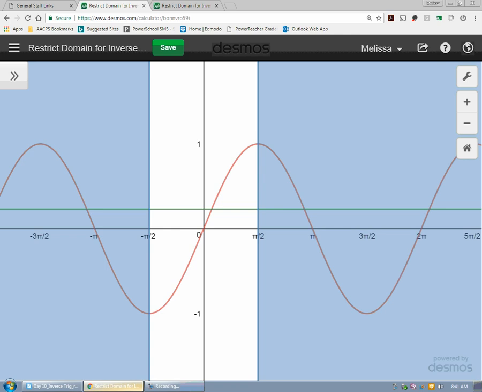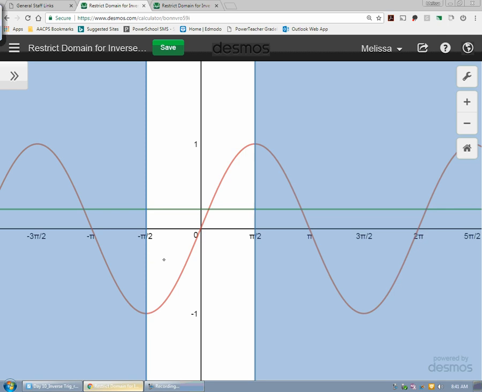But if we restrict the domain to -π/2 to +π/2, then we see it goes from its min all the way to its max, and those y values never repeat. So this will pass the vertical and the horizontal line test.